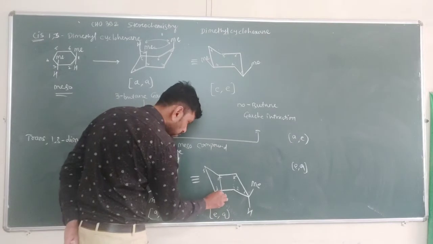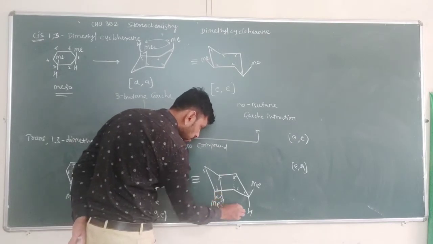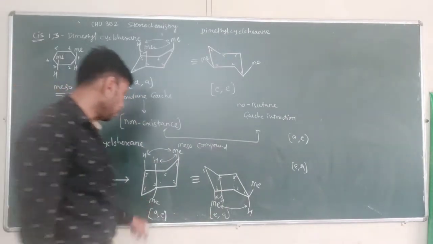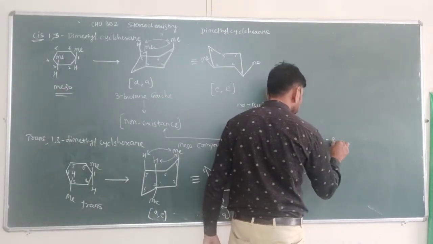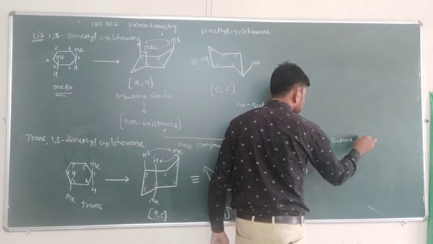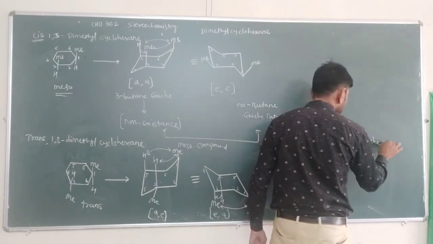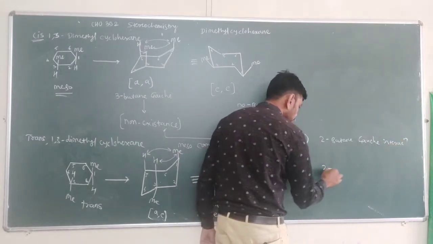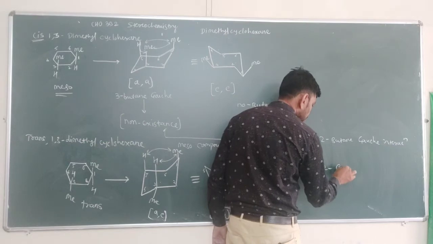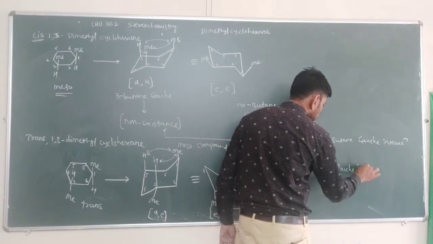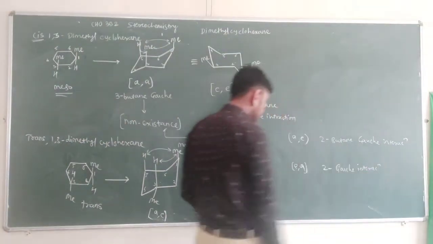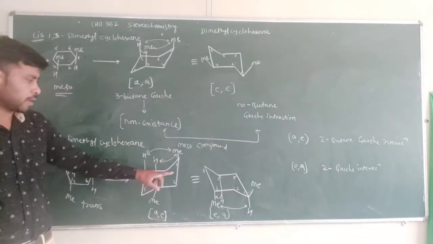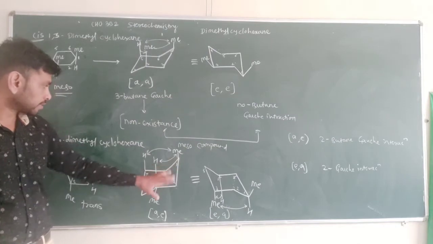So both these structures contain 2 butane gauche interactions. So the stability of both these structures remains the same.